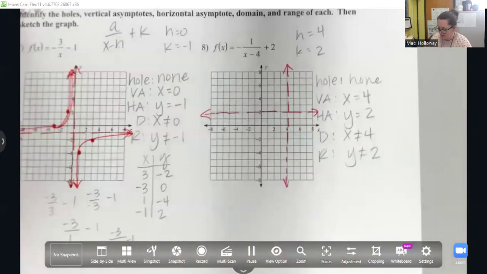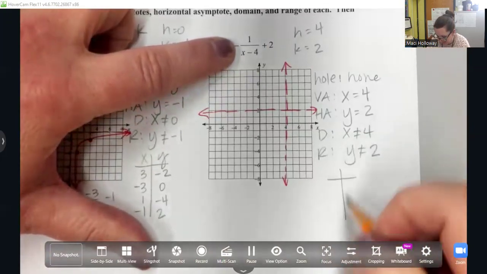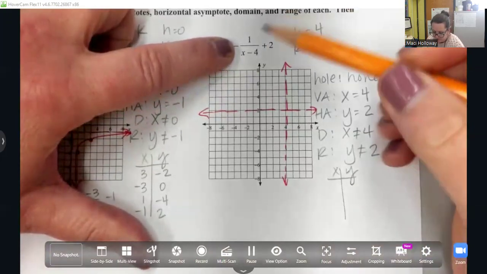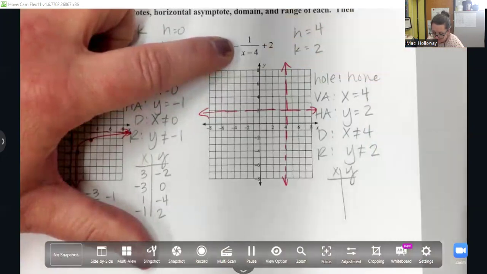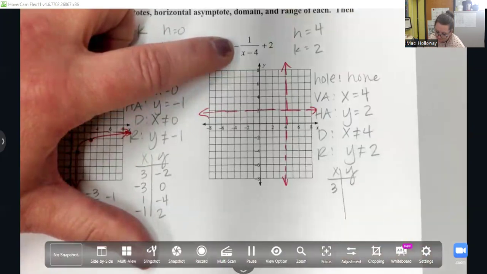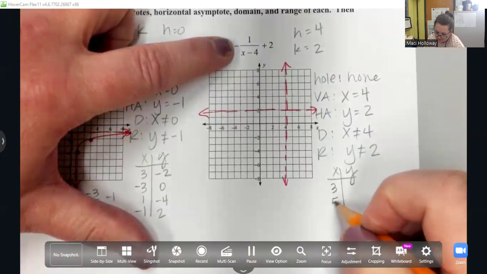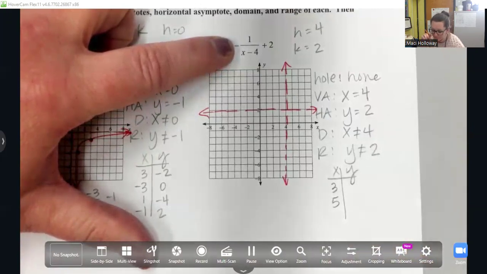And let's find some values in here that would make this work for us. Let's see. 1 divided by something. Let's see, what could I plug in for 4? How about 3? And 5 would work as well. What else could we plug in? Maybe a 2?